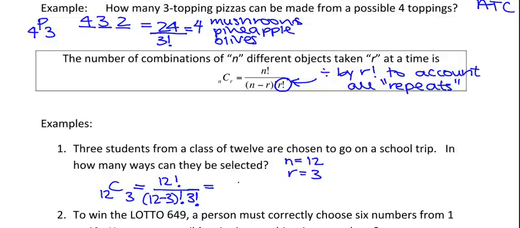So your calculator has an NCR button right beside the NPR button that you may want to practice with, or you can do this using your factorial button, or you can do it by simplifying. Whichever way you choose, make sure that you can get the answer of 220.